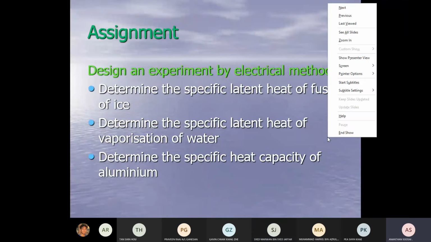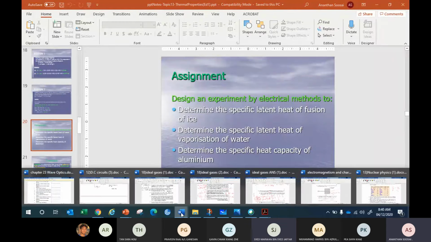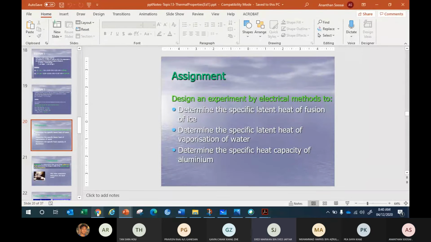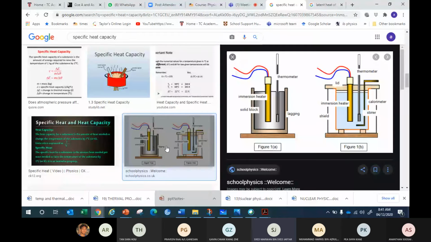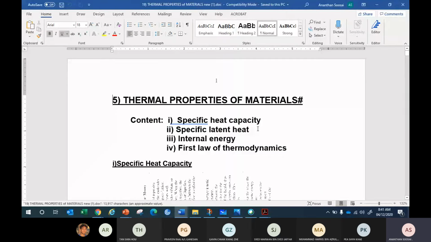Before we continue, let's do some questions first. This is the worksheet. So we're done with the specific heat capacity and specific latent heat of fusion and vaporization.